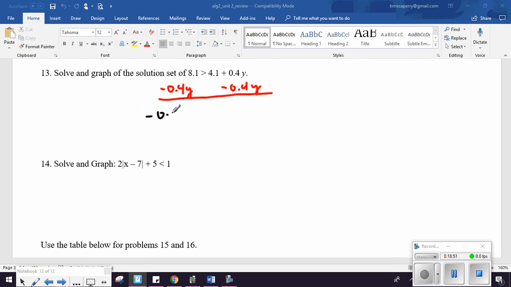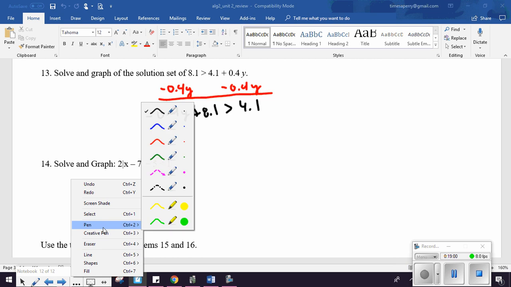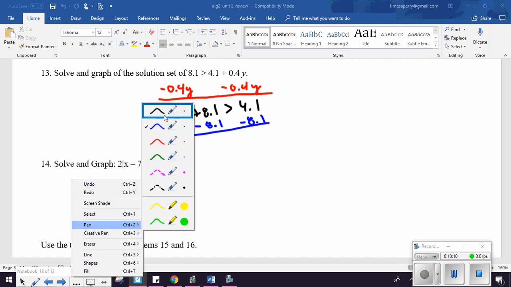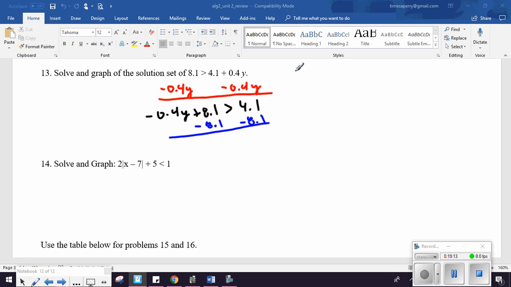So I would have -0.4y plus 8.1 is greater than 4.1. Now I would subtract 8.1. Leaves me with -0.4y is greater than, I know it's going to be negative, -4.0.